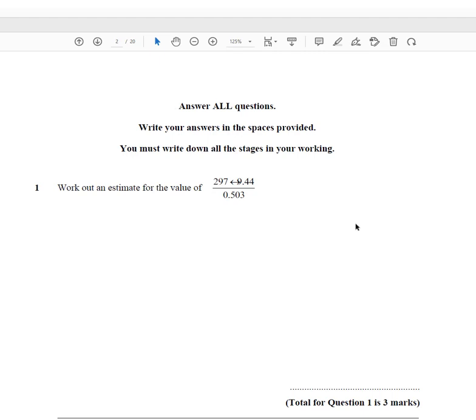The answer is 8. So if you're trying to divide by 0.5, the way that I would do that is to simply double both numbers. So rather than 4 divided by 0.5, double both numbers and you get 8 divided by 1. That question has the same answer because you've treated both numbers the same, but it's much easier to do.